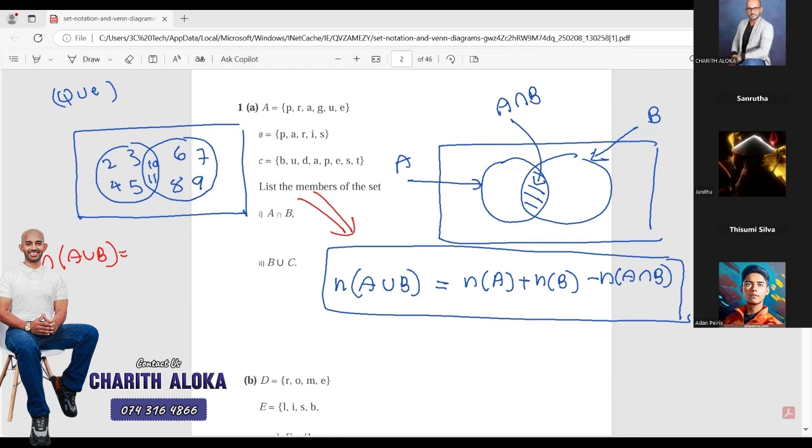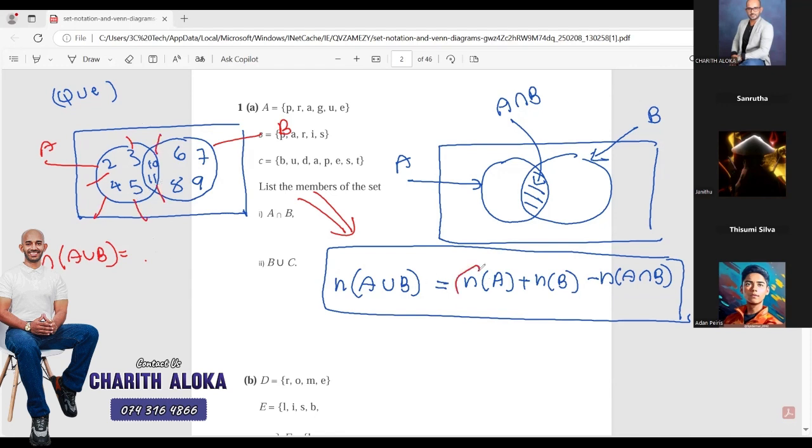Right. Now you can see here, how many elements are there for n(A)? If this is the A and this one we can get as B, for n(A): 1, 2, 3, 4, 5, 6.